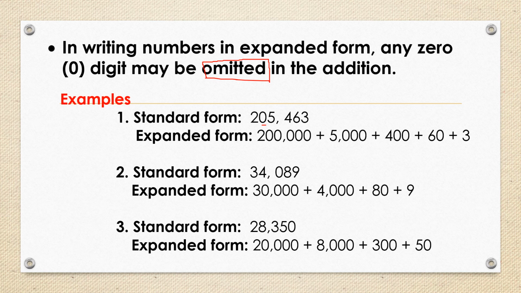I didn't write 0. Instead, 5 is 5,000, 4 is 400, 6 is 60, and then 3. In number 2, there's a 0 here, and I did not write it anymore. Even in my number 3 example, I did not write the 0 at the end.